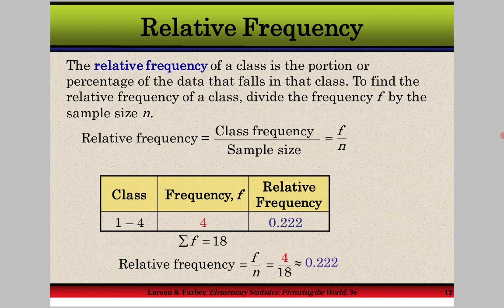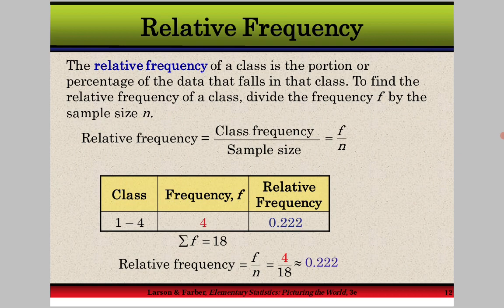F is equal to 4. The relative frequency is the class frequency, the frequency of that class, divided by the sample size. Sample size means n. What is the sample size? n is 18. So 4 by 18 is equal to 0.222.